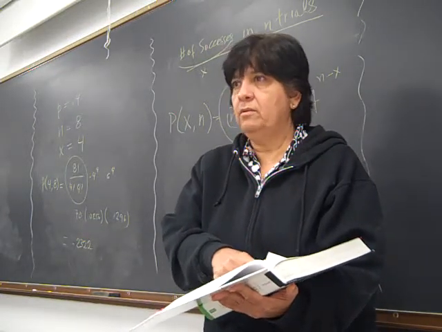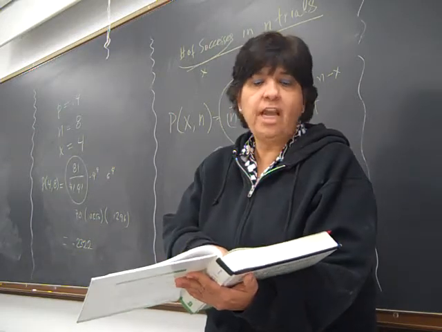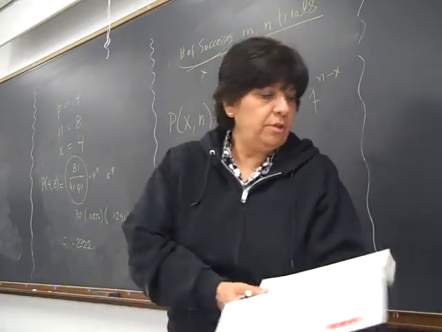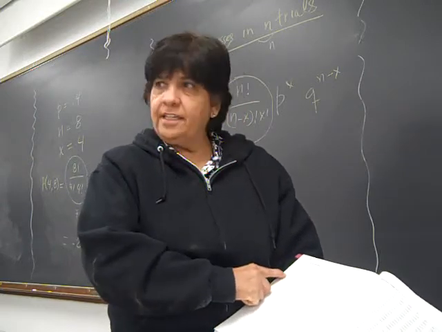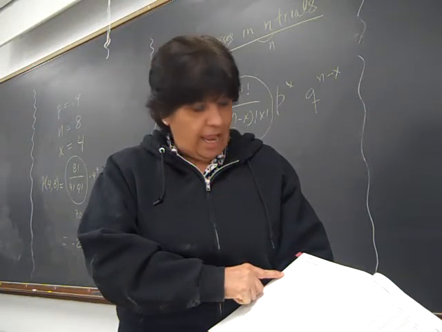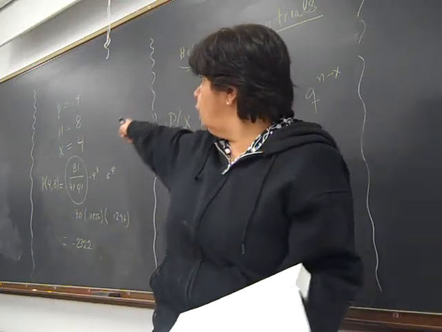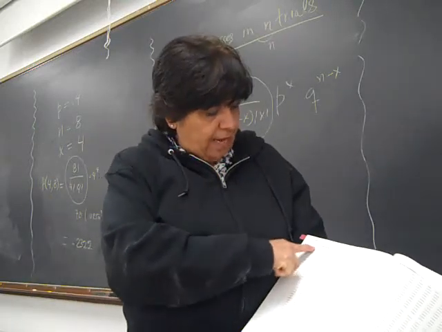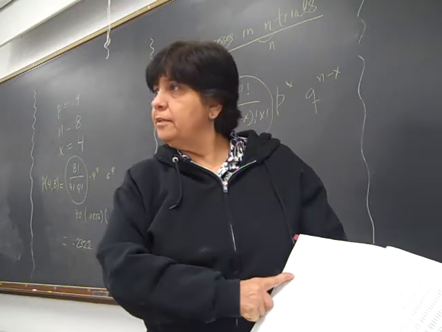Okay, go ahead again. On page 844, you're going to see the n on the left side, and n is equal to 8. And x is equal to what? To 4. So go to x equal to 4, right here.